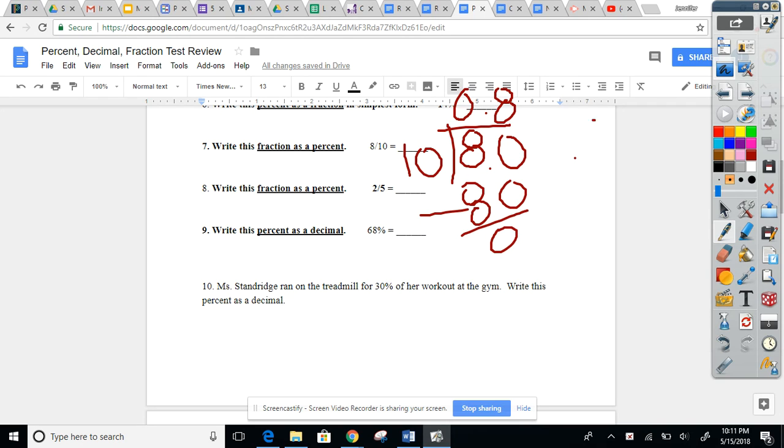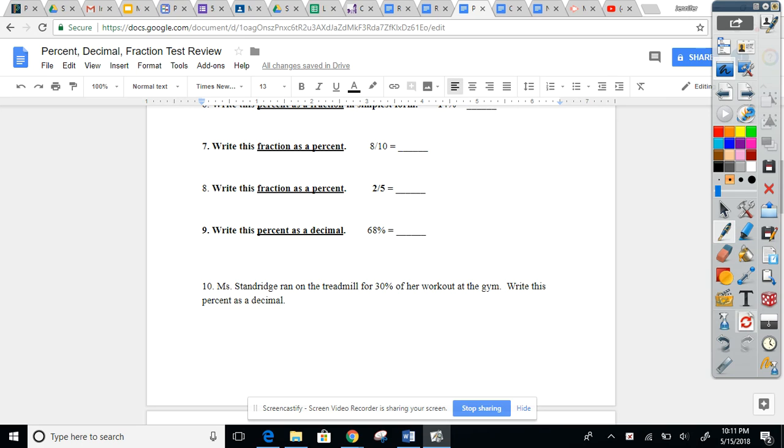Now, I could convert a decimal to a percent by moving my decimal 2 places to the right, which makes it 80%. Okay. The other way to do it is 8/10.